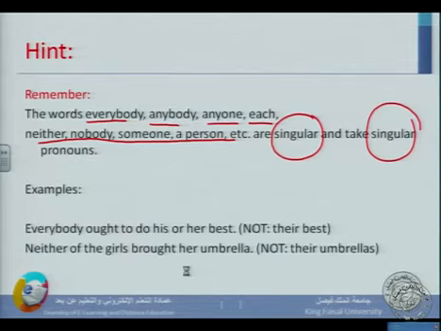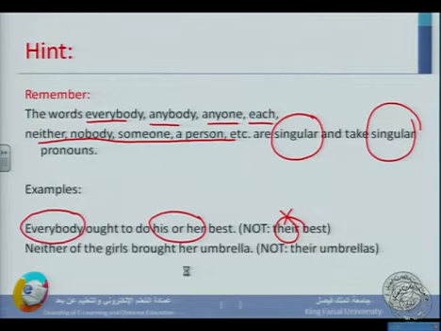For example, everybody ought to do his or her best. لاحظوا هذه الضمائر اللي عندنا his و her, ما قال their لأن their غلط. لماذا their is incorrect? Because everybody is singular, فلازم يكون ال pronoun أيضا singular. their هون plural, وهذا خطأ ما يجوز.